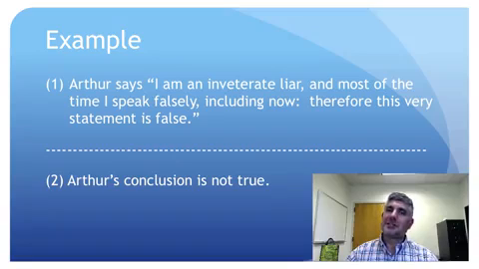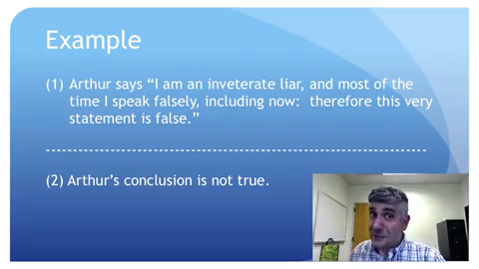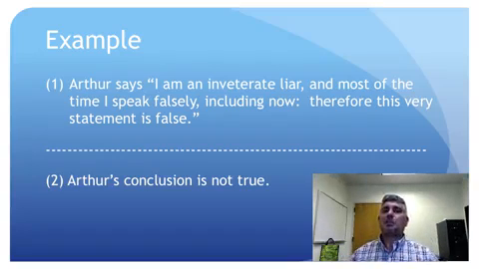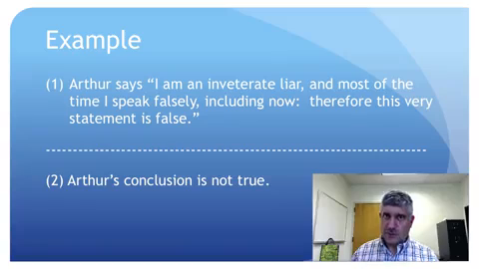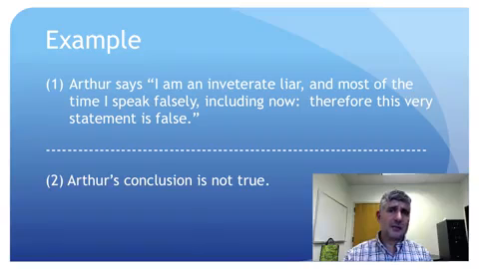Because the conclusion that he's drawing from his argument is, this very statement is false. But the problem is, if it's true that this very statement is false, then that means that that statement really is false, in which case it's not true. So it can't be true that this very statement is false. In other words, Arthur's conclusion, the conclusion that Arthur reaches at the end of his argument, is not true.